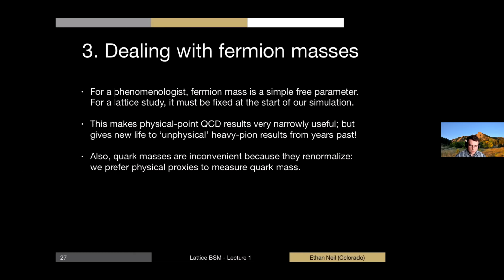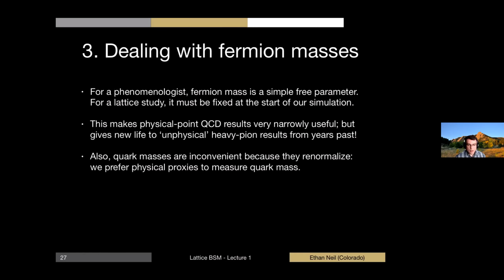The good news is that in years past, there are many lattice QCD results that were forced to exist at unphysical heavy pion mass, and those are now actually useful, potentially in theories that are interested in having heavier fermion masses, but still being based on an SU3 gauge group like QCD. Okay. I mentioned that in passing.